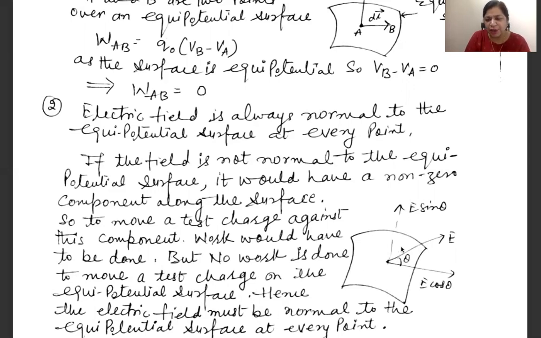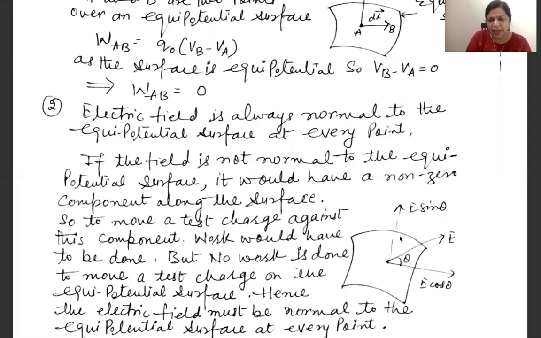Now see the figure. This is the equipotential surface. If the electric field is not normal, this is the electric field you can see, and it is having an angle theta with the surface, then you can resolve it into two components, that is E cos theta and E sin theta.